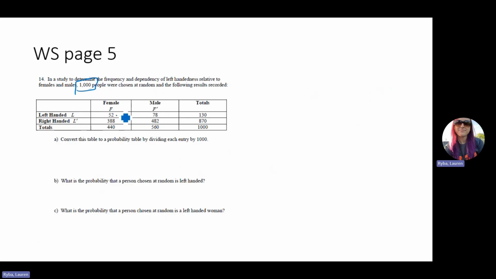So this would be 0.052, 0.078, and 0.130. Next row would be 0.388, 0.482, and 0.870. 0.440, 0.560, and 1 whole.